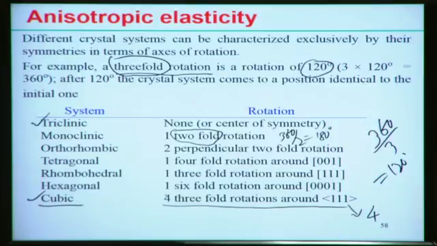That's why it has 4 of them, having 3-fold rotations. 3-fold rotation means 360 by 3, so every 120 degree rotation with respect to one body diagonal, there exists one symmetric nature of the cubic crystal system.